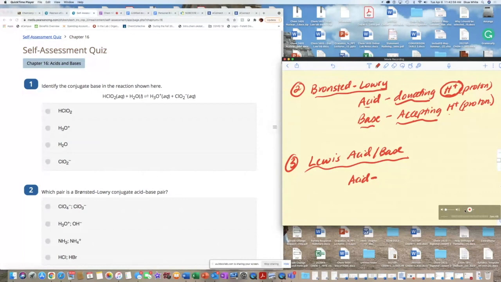His focus is the lone pair electrons. So the acid is the chemical that can accept lone pair electrons. And then the base this time is the one that donates the lone pair electrons.